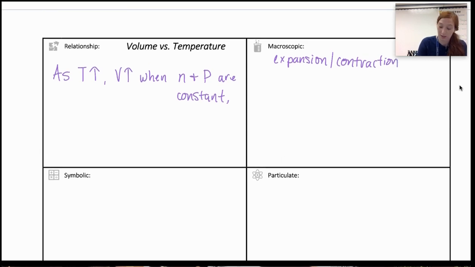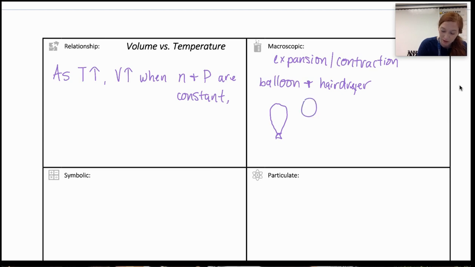And let's see if I can do my best to draw a little balloon and hairdryer. Gosh, I can't spell today. That's fine. Dryer. There's our balloon. We're going to heat it up. I'm not going to try to draw a hairdryer.